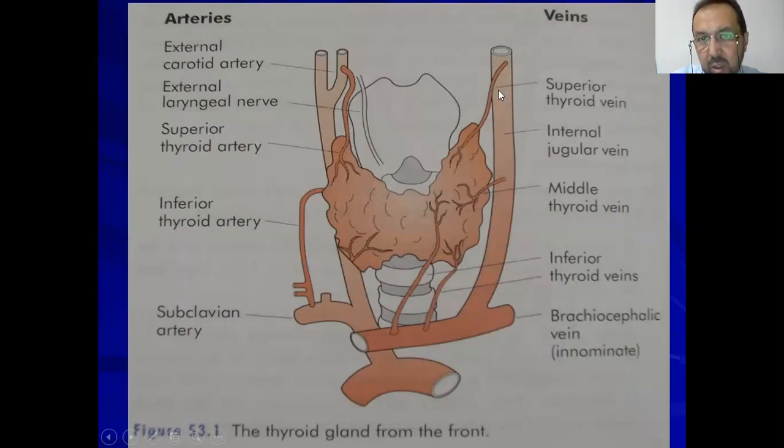The venous drainage is through the superior thyroid vein, draining into the internal jugular vein, the middle thyroid vein, if present, into the internal jugular vein, and the inferior thyroid veins that drain into the left innominate vein, or sometimes the veins of both sides may unite and form the thyroidea ima vein, going into the innominate vein as well.